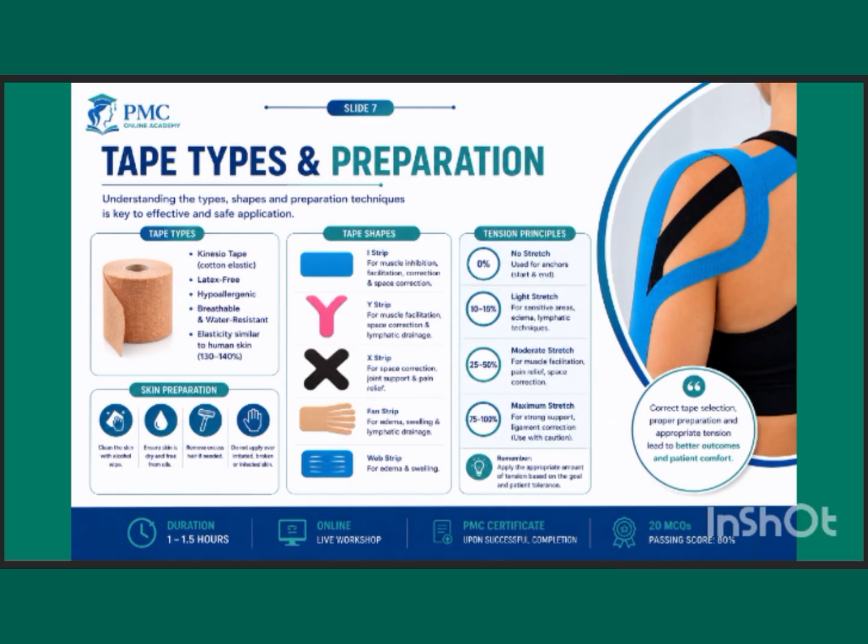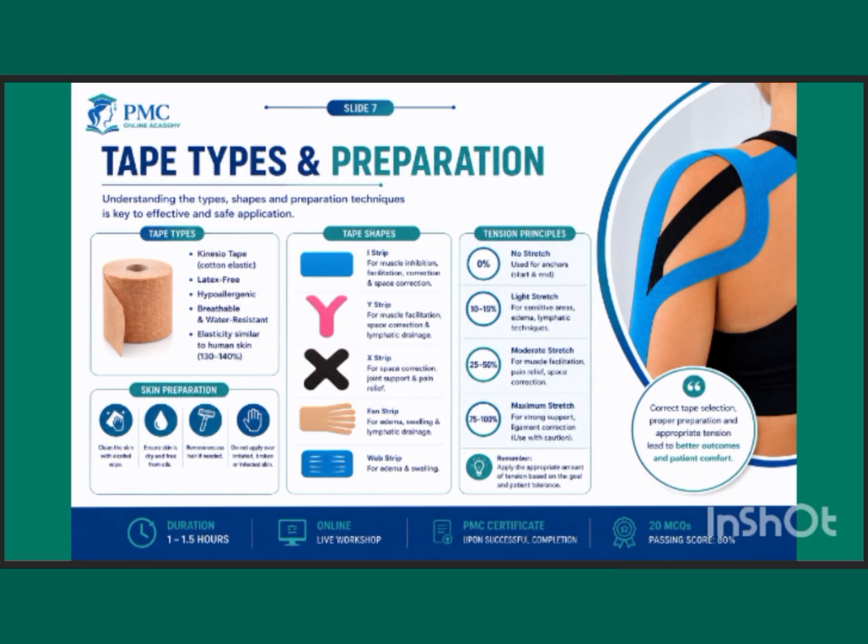Second is tape shapes. Depending on the treatment goal, we cut the tape into different shapes. The most common shapes are I strip, used for simple muscle support or pain relief. Y strip, used to surround or support larger muscles.